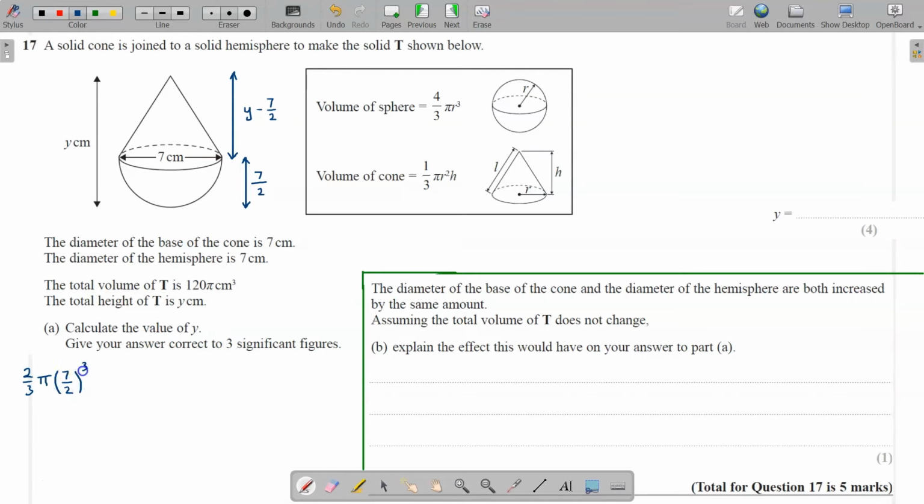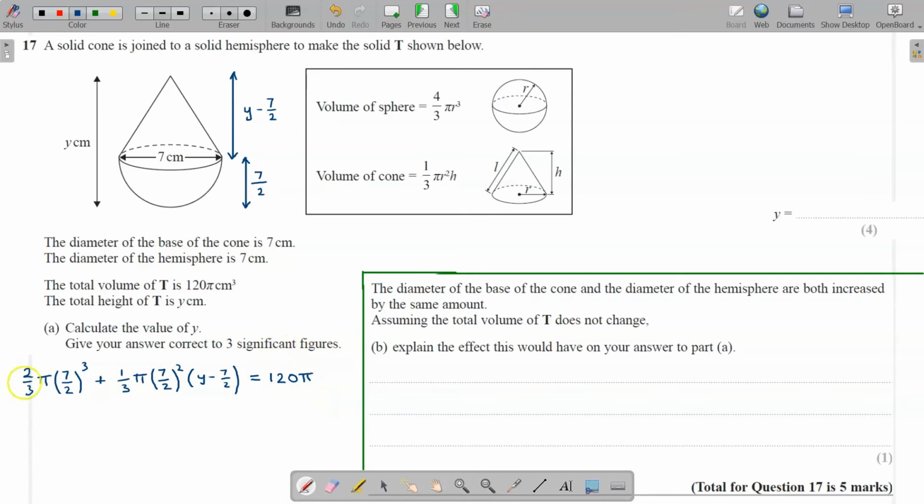And then we've got to add on the volume of the cone, which is 1/3 of pi times the radius squared, times the height of the cone, which we've just said is y minus 3.5 or y minus 7/2. And we know that the total volume equals 120 pi. So there's nothing difficult about that. It's just making sure we write it all down in the correct way.